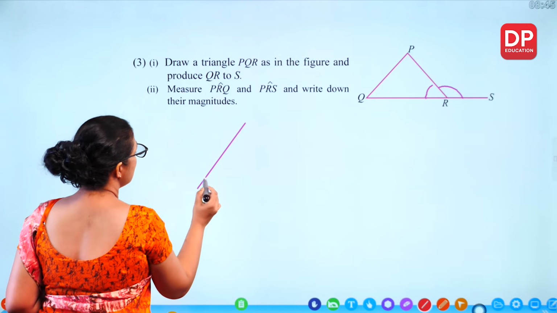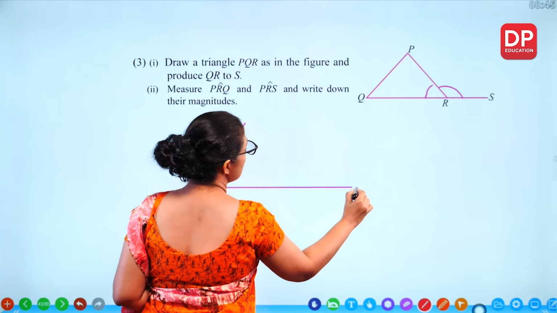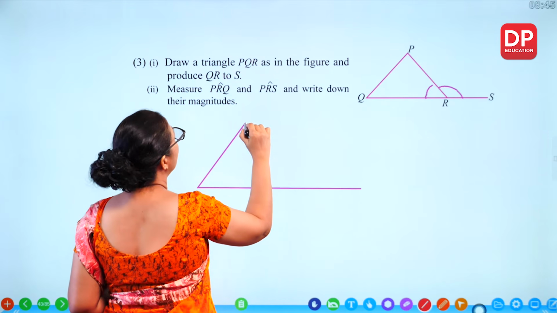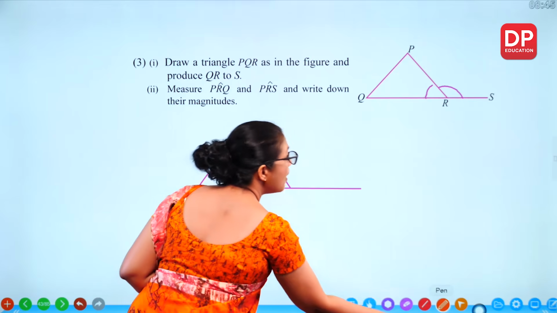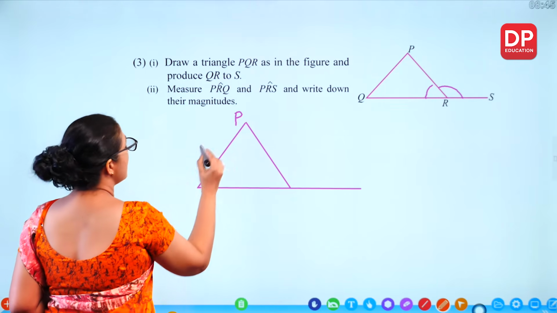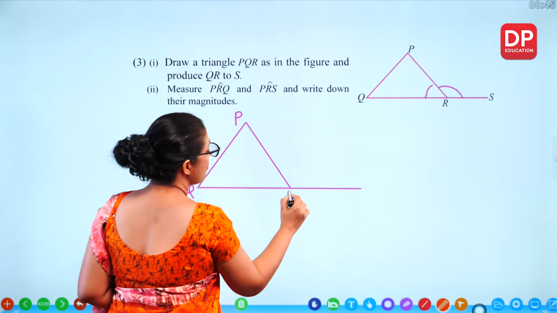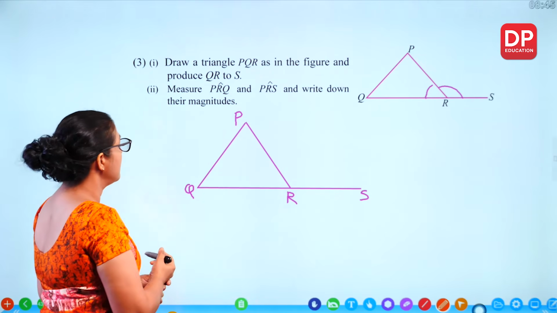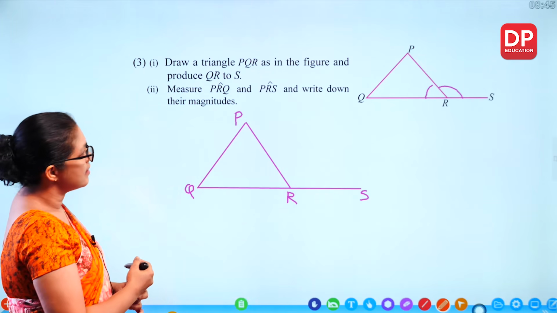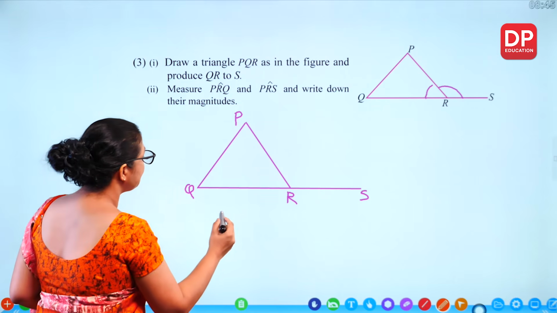So I'll draw a triangle like this. So this is PQR triangle and extend QR to S.